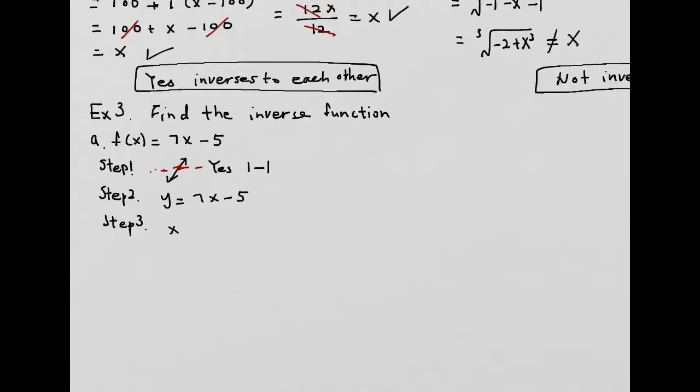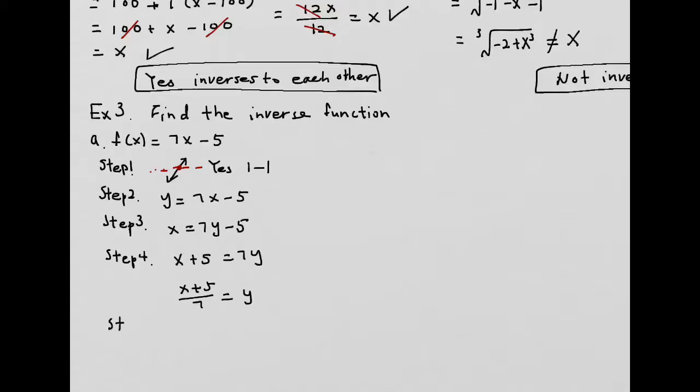So y becomes x, x becomes y. Then step 4, you solve for y. So isolate y. First you add 5 to both sides and divide both sides by 7.